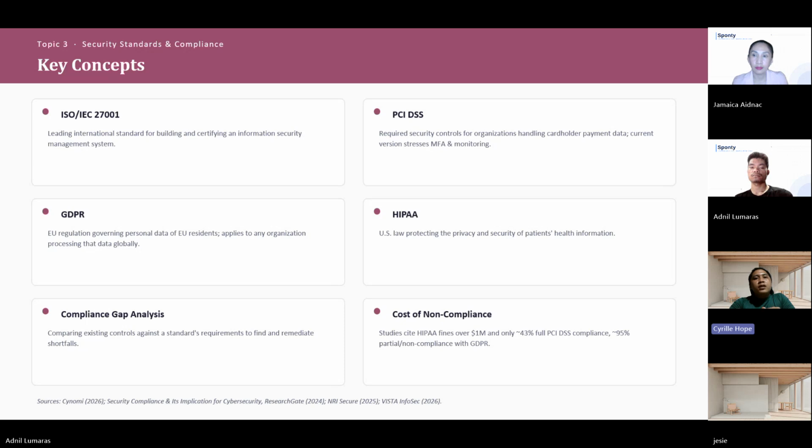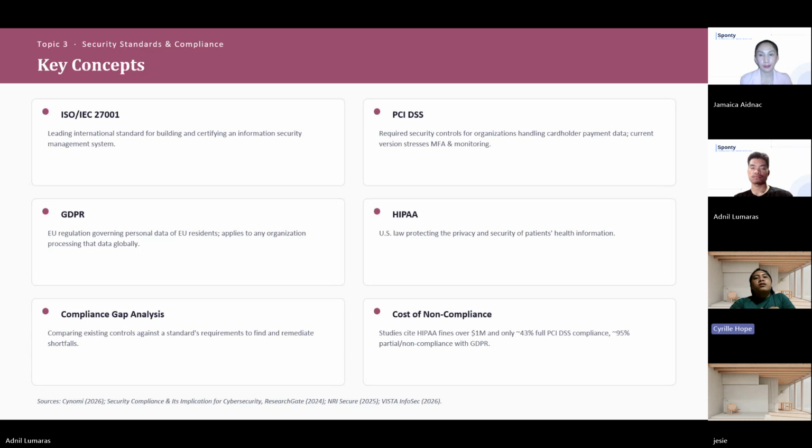The CIS Benchmarks are widely recognized best practices for securing IT systems, and NIST SP 800-53 is mandatory for U.S. federal agencies and their contractors but has become influential beyond government use because of its detailed control catalog.